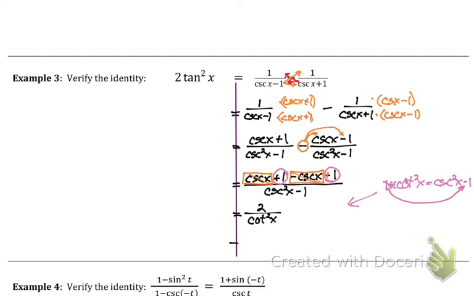Well, 2 over cotangent squared x is the same thing as, well, what's 1 over cotangent x equal to? Tangent. So 1 over cotangent squared would be tangent squared. And this is actually 2 times this, so this would be 2 tangent squared x. Done. Bing, boom. Done.